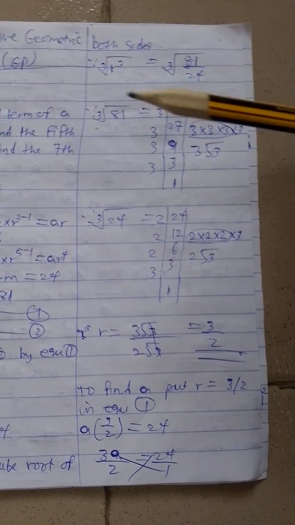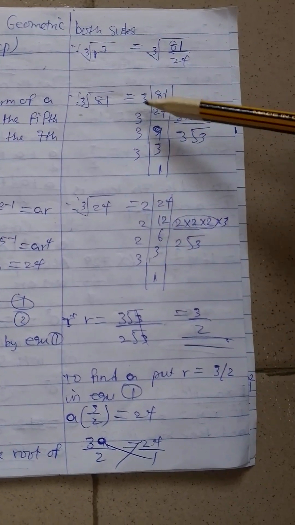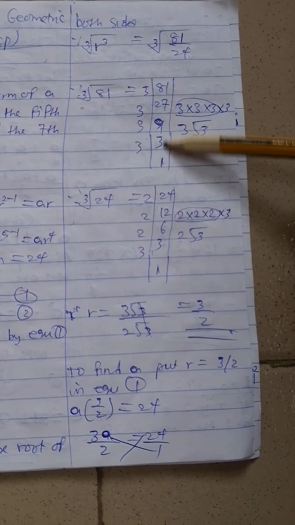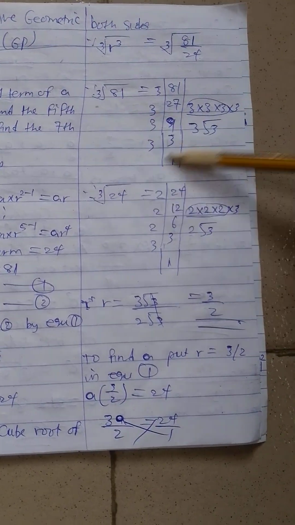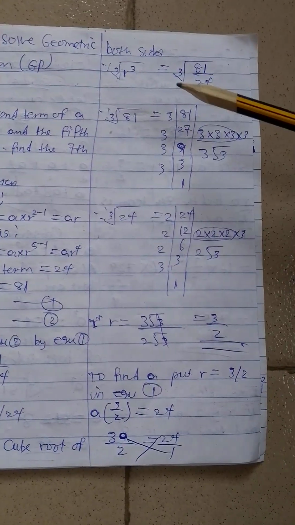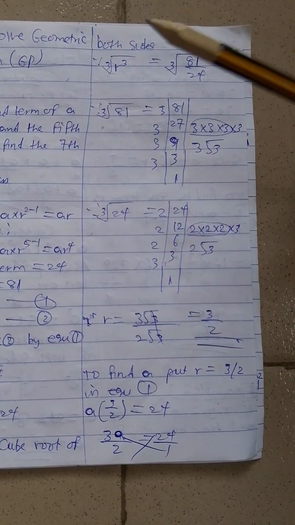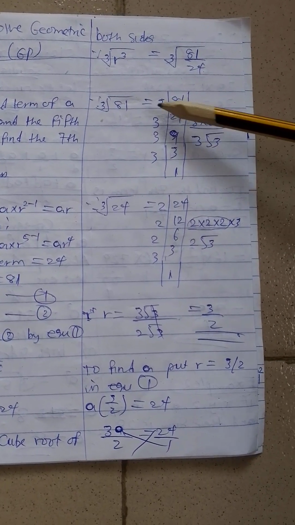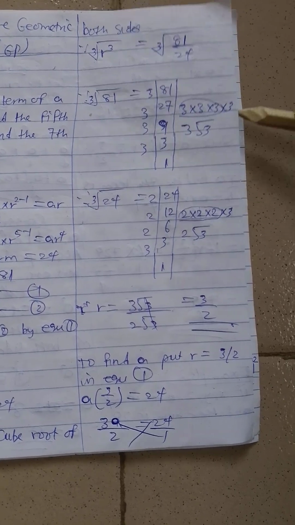Using the elimination method, 3 into 81 is 27, 3 into 27 is 9, 3 into 9 is 3, 3 into 3 is 1. In a cube root, when three identical numbers come outside, it becomes a single number. How many 3s are here? 3 times 3 times 3 times 3, which gives 81.